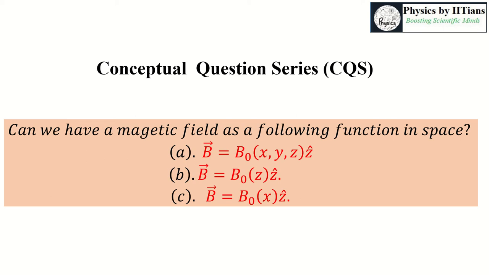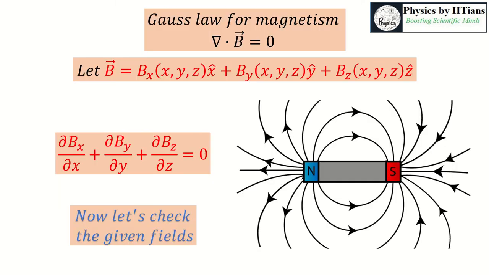So to check whether this particular function represents a magnetic field or not, we can see that through the Gauss law for magnetism, the divergence of B should be 0. Let's suppose you have been given the magnetic field as Bx x cap, then By y cap, and similarly Bz z cap.